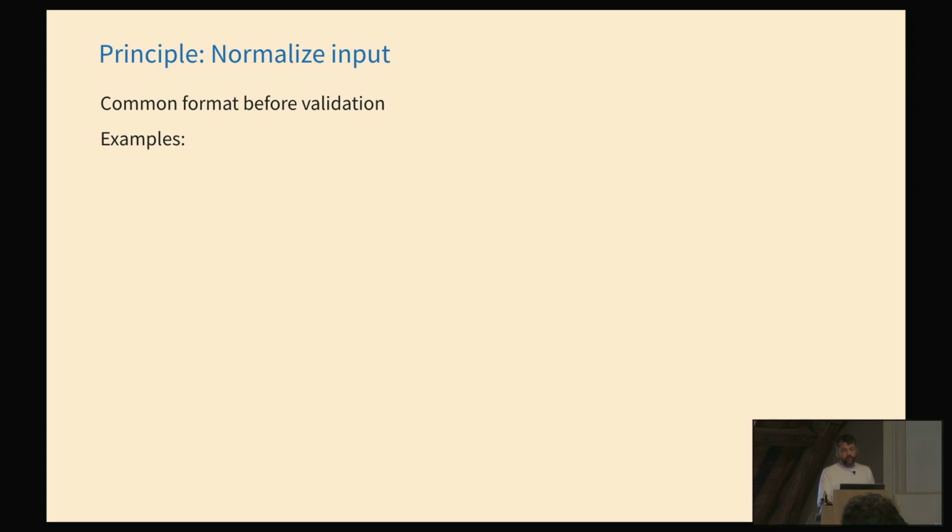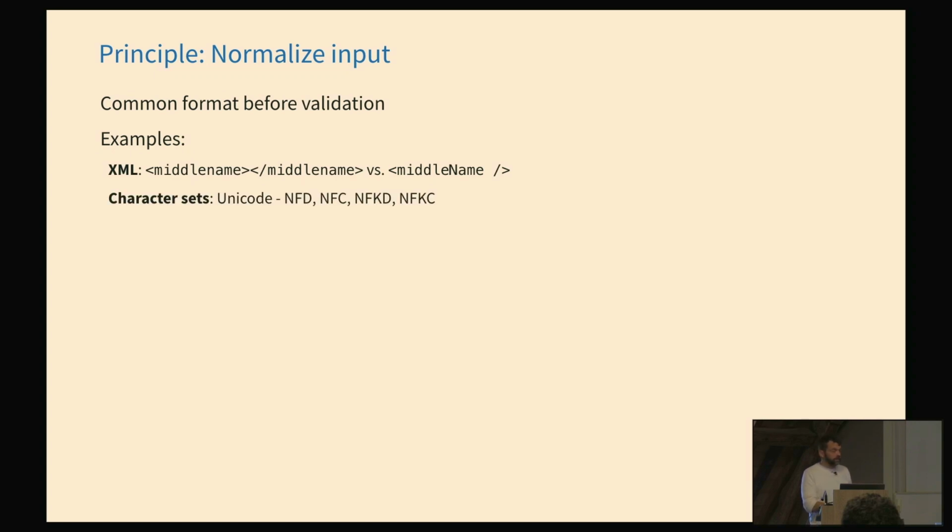Some other examples of normalizations could be in XML, we can have an empty tag, which can be either an open tag immediately followed by a closing tag, or it could just be a self-closing tag. In character sets, I mentioned UTF-8 and all that kind of stuff. There are different ways of doing this as well.